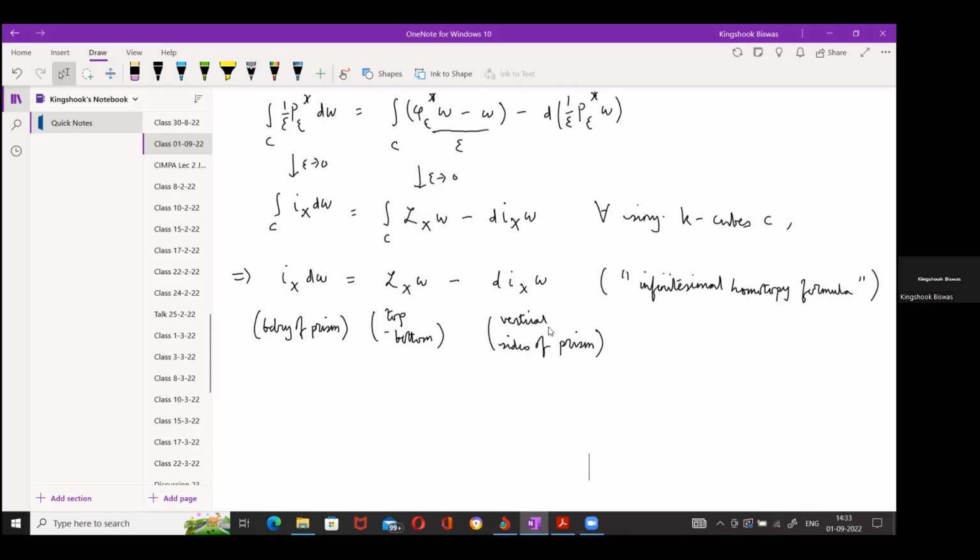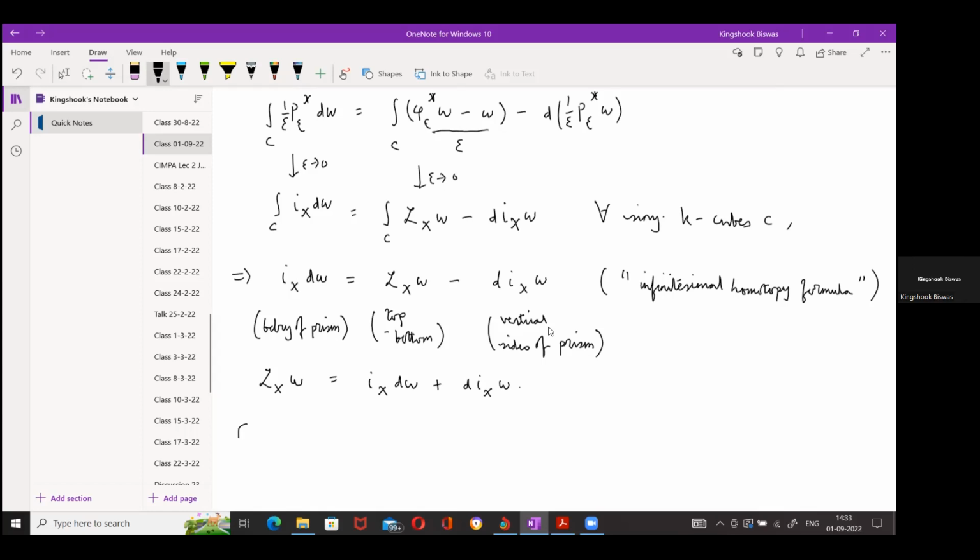So we have this formula for the Lie derivative: Lx omega is Ix d omega plus d of Ix omega.